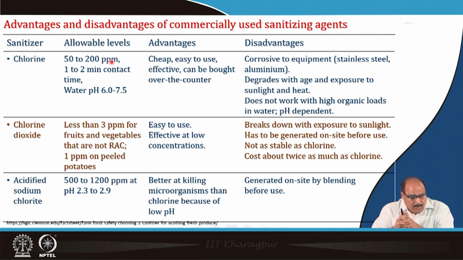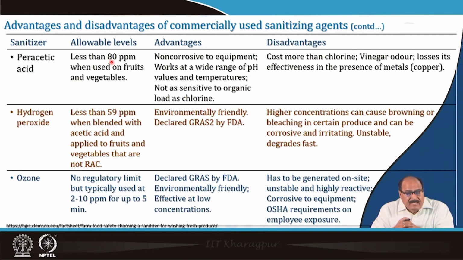Acidified sodium chlorite: its recommended level may be 500 to 1200 ppm at pH 2.3 to 2.9. It is better at killing microorganisms than chlorine because of the low pH, and it is generated on site by blending before use.